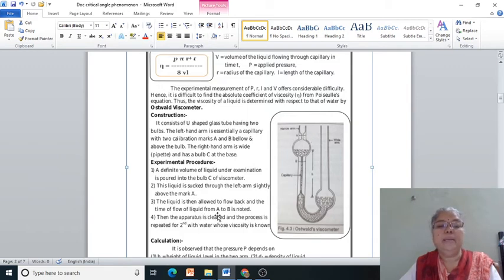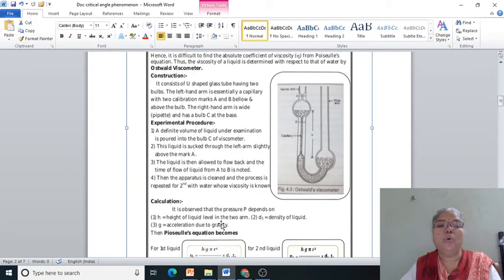Then the liquid is allowed to flow back, and the time of flow of the liquid from marking A to B is noted or recorded. Then the apparatus is cleaned and the process is repeated for another liquid, water, whose viscosity is known.